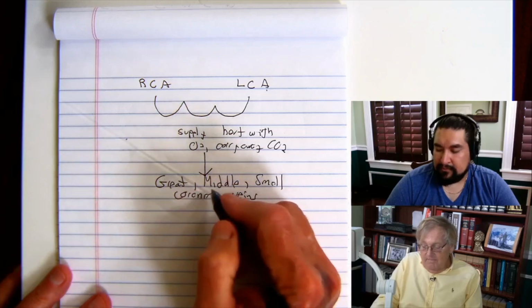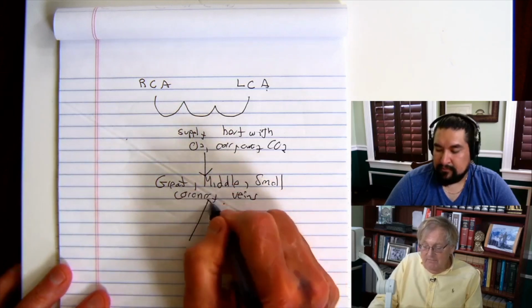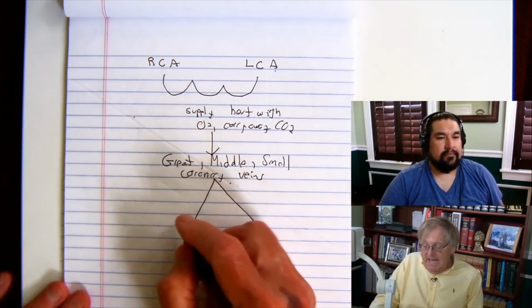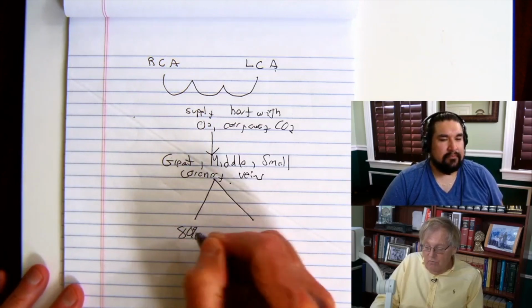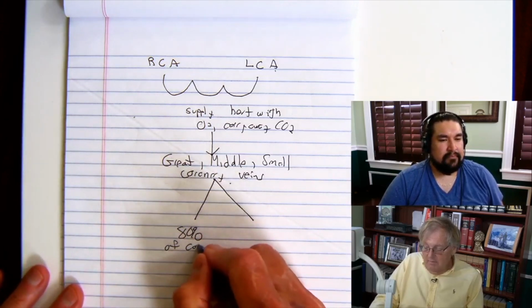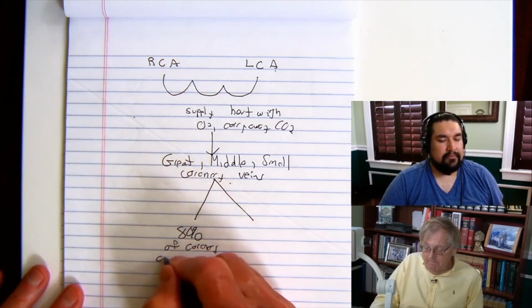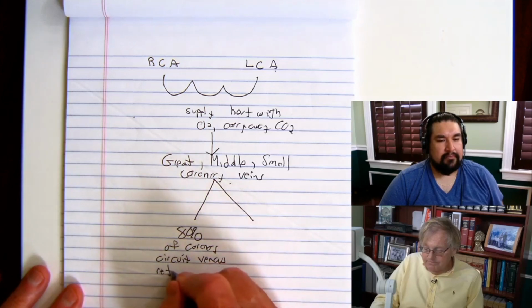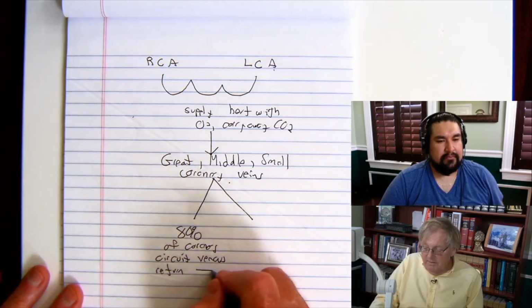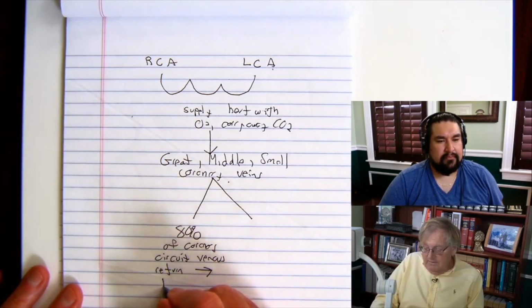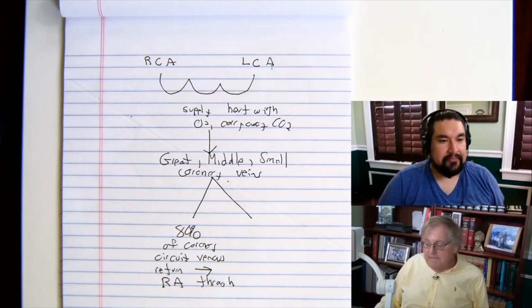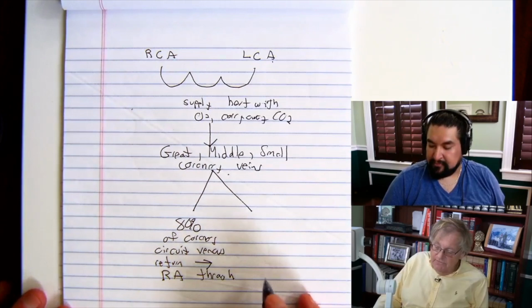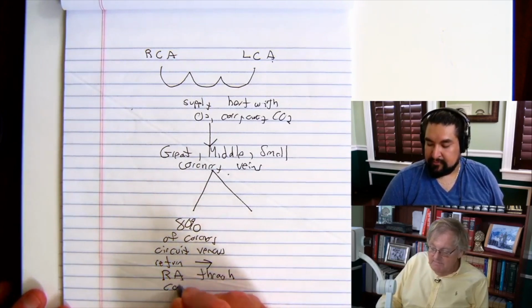So therefore, they're going to split off, and of that blood, and this is again why it's so detailed and significant, 80% of that coronary circuit venous return is going to go into the right atrium. 80% of the coronary circuit venous return is going to go back into the right atrium through the coronary sinus.